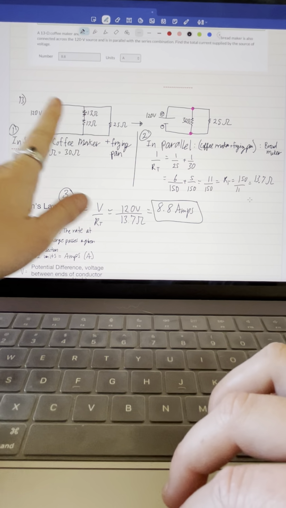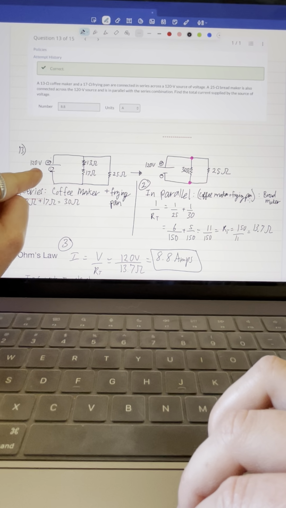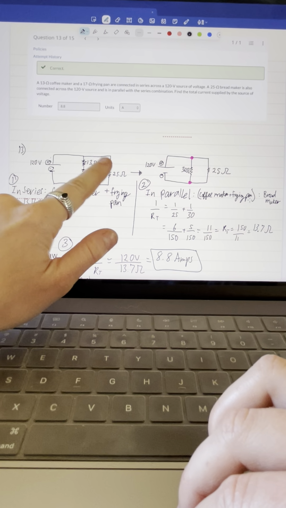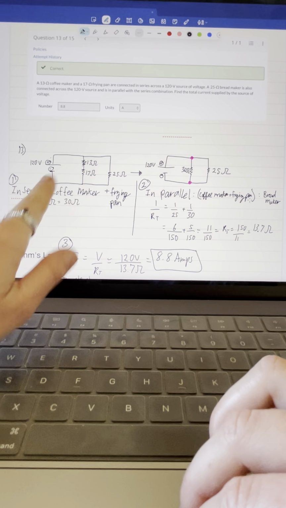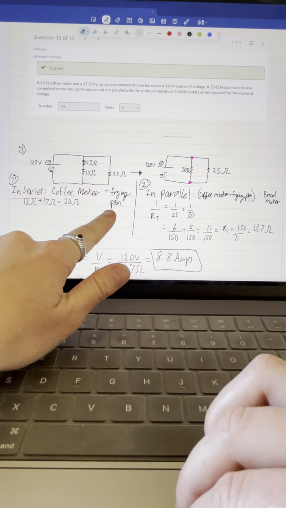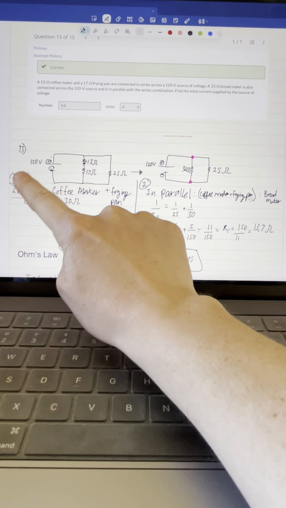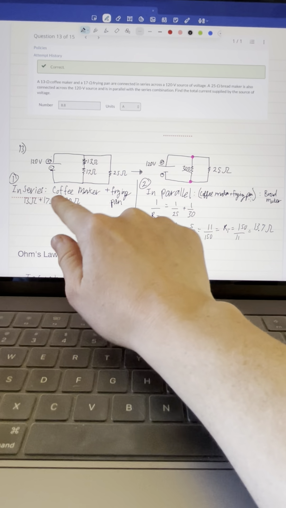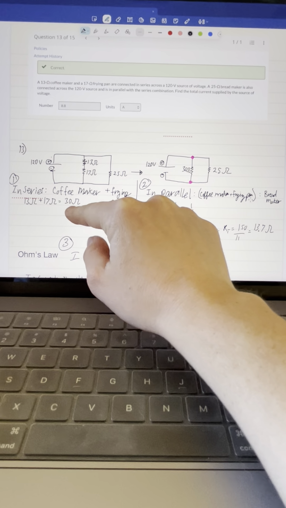So I went ahead and drew out my image, and as you can see here, it's a 120 voltage source, and that's spread out through everything. This is in a series, the coffee maker plus the frying pan, and I simplified it over here. The first series is the coffee maker and frying pan: 13 ohms plus 17 ohms equals 30 ohms.